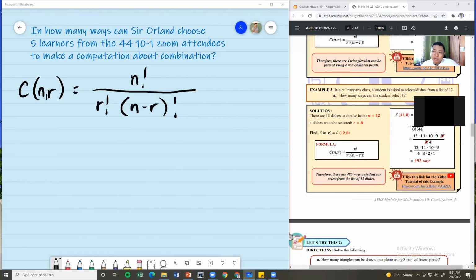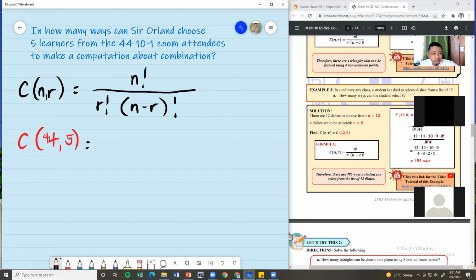Okay, so to continue, your classmates were able to solve the correct one and sent the answers in the chat box, and they are correct. So just to show the solution on our screen, we will have C of 44 taken 5 at a time.